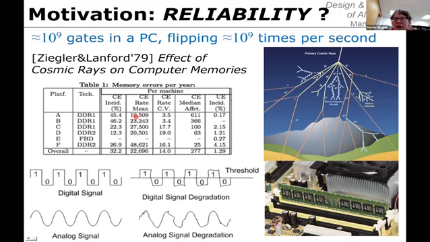And in order to prevent such bit flips, in order to increase the reliability, the determinism of computations, various measures have been introduced. For instance, error detecting codes and error correcting codes.